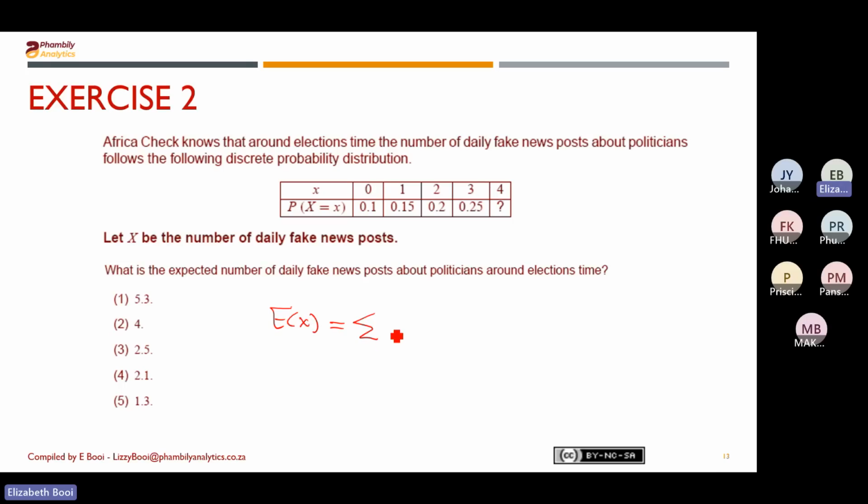It's given by the sum of the x observations times their corresponding probabilities. So you're going to take 0 multiplied by 0.1, plus 1 multiplied by 0.15, plus 2 multiplied by 0.2, plus 3 multiplied by 0.25, plus 4 multiplied by 0.3. We already calculated this and we said it's 0.3.